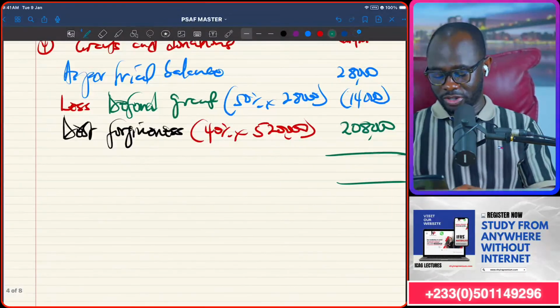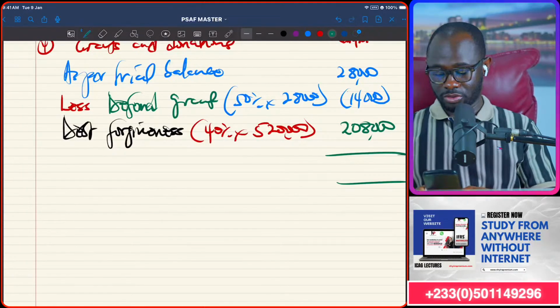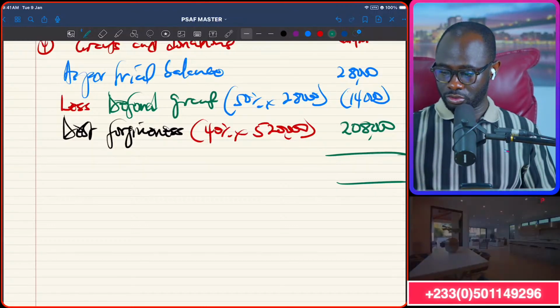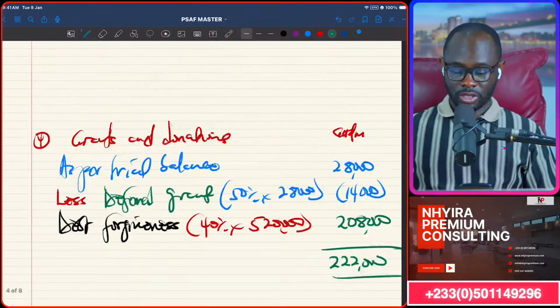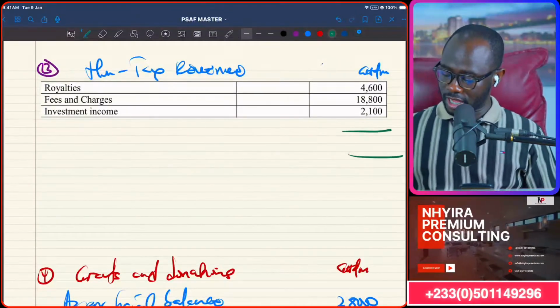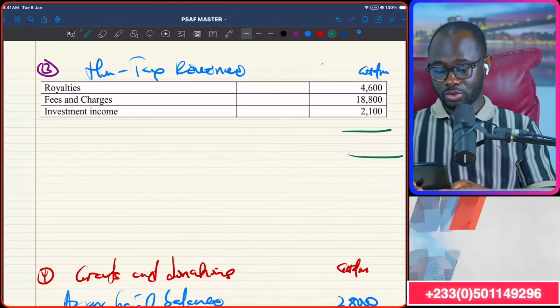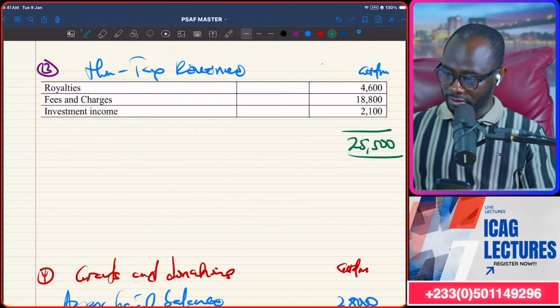Grants and donations, 28 minus 14 plus 208. That's 222,000. Next one, non-tax revenue, 46, 18,800, 2,100. That is 25,500.